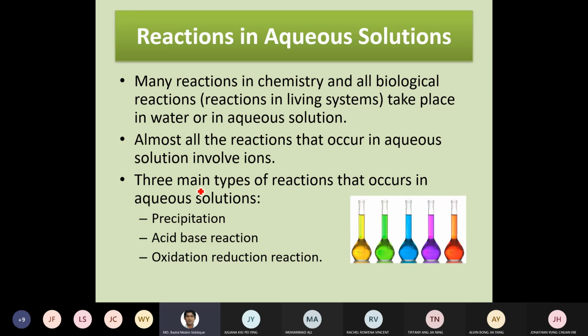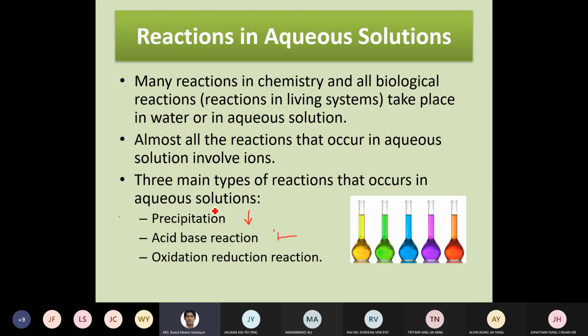Okay, so when this reaction occurs in aqueous medium, there are three types of outputs that we can see. Either it will be a precipitation reaction, when a precipitate forms, that we have seen in the lab. Acid-base reaction, that will be neutralized.